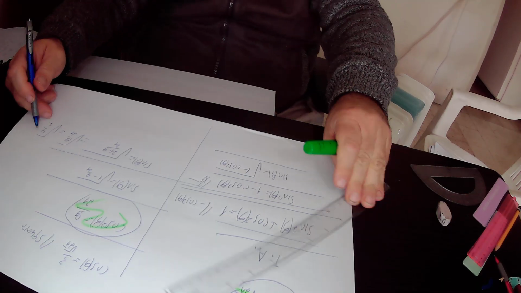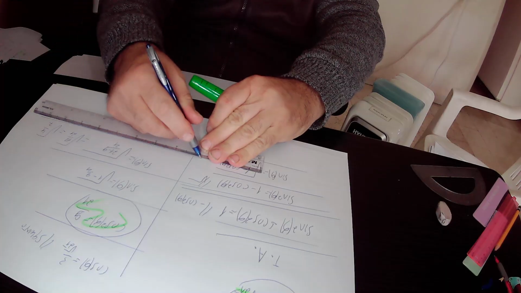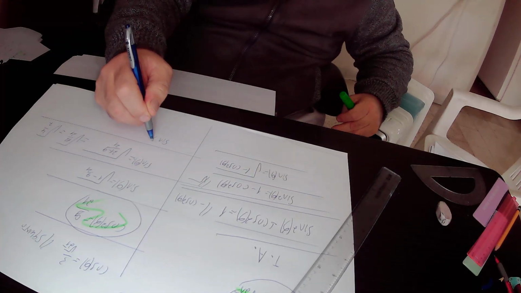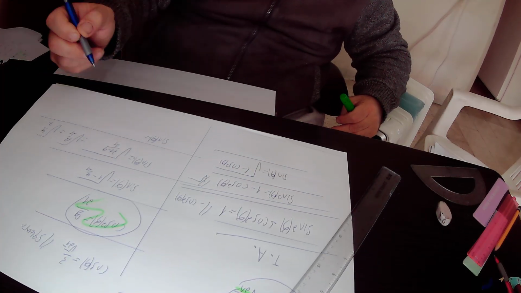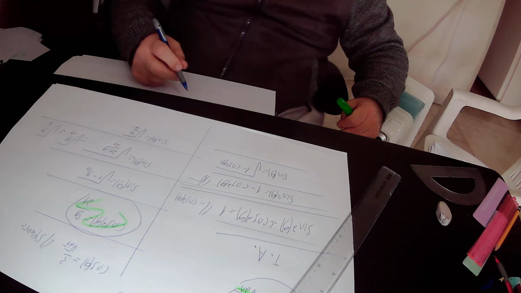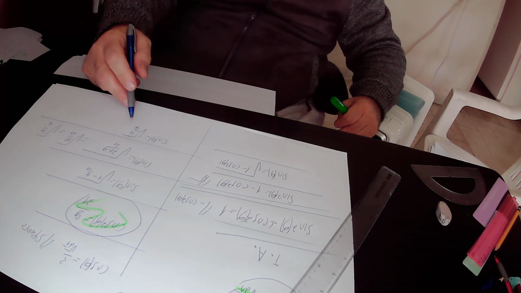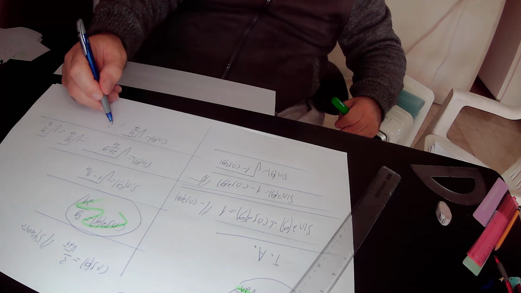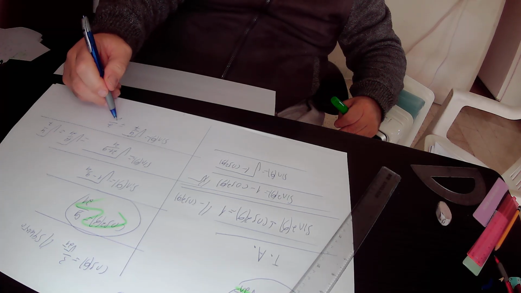So in total, we found out that sine alpha equals the square root of 4 over 7. Here we take 4 out of the root. The square root of 4 is 2. So inside the root we are left only with 7.